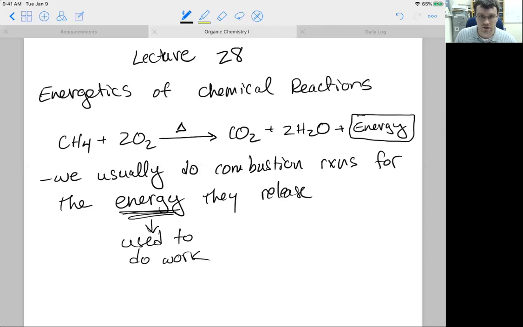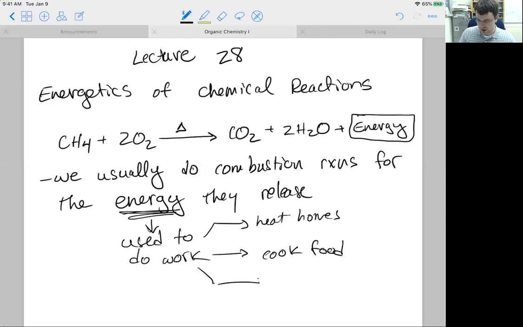Energy itself is sort of just a number, but when we engineer a proper system that utilizes that energy, we can do things like heat homes or air-condition homes. You can cook food, certainly fire. It's a great approach to cooking food. And what we use combustion reactions a lot for in our own lives is moving cars from point A to point B.